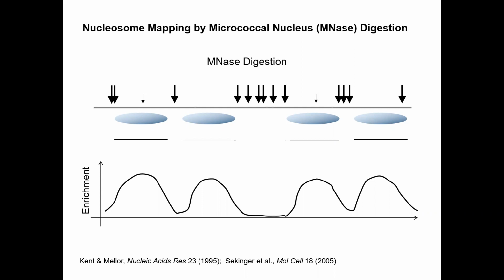And then you can use standard molecular biology methods like PCR or sequencing to figure out where these fragments are. In fact, the genome-wide nucleosome map that I showed you before was generated by MNase digestion.